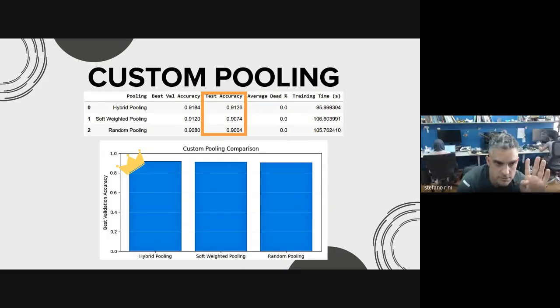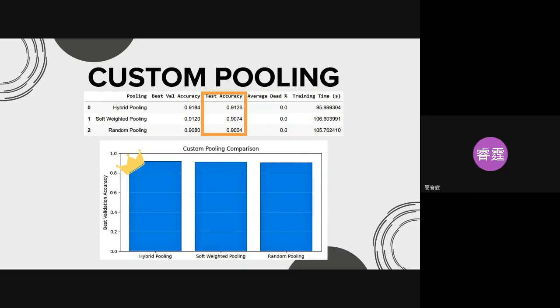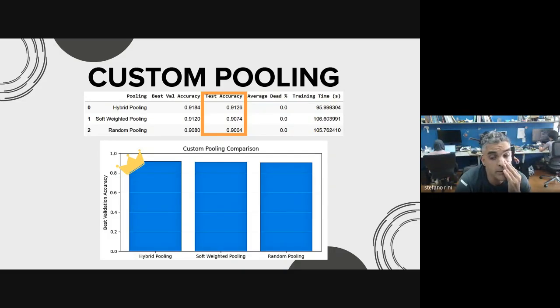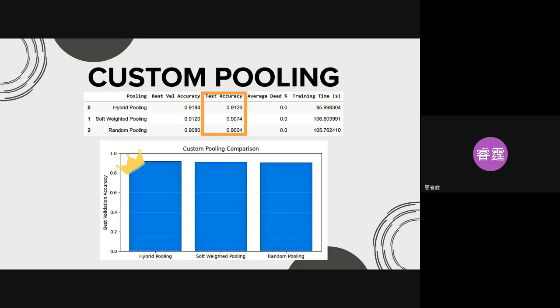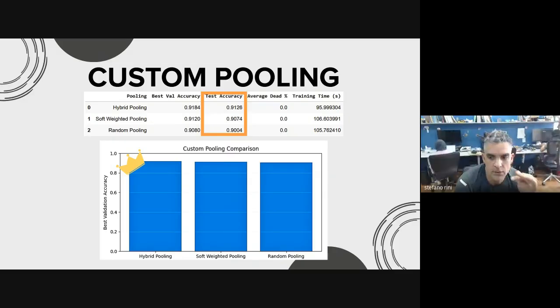I thought that the hybrid was between soft-weighted and random. But if that were the case, then it could not have the lowest computation time, because the computation time should be the sum of the two. So now I don't know what hybrid means.